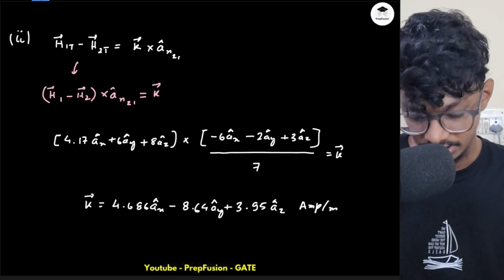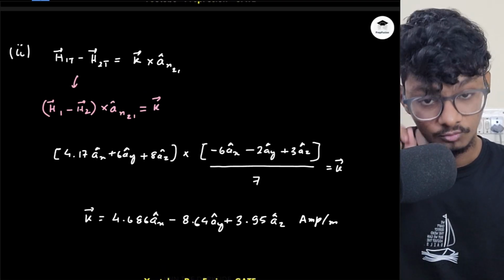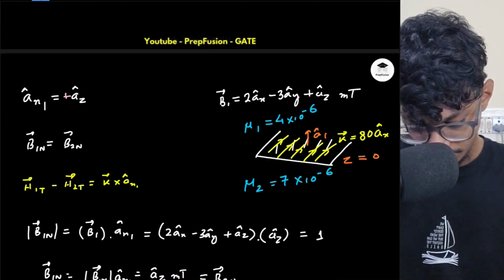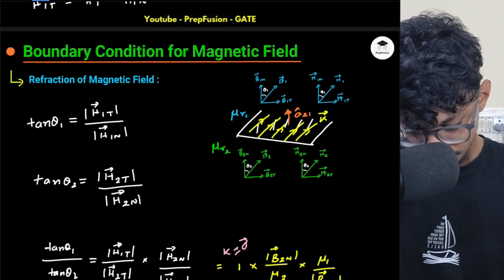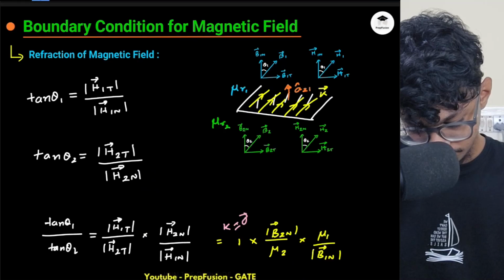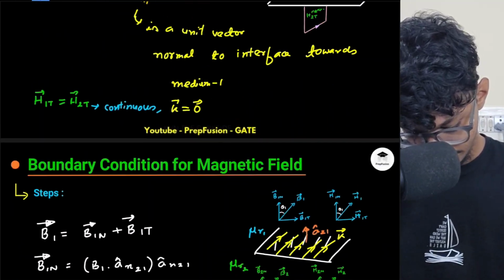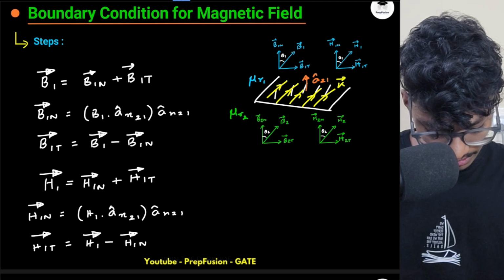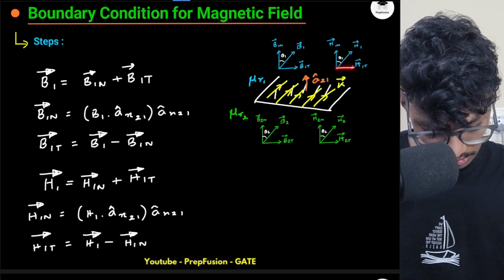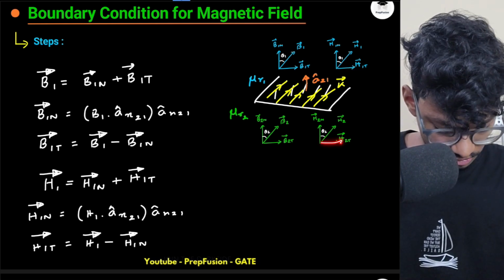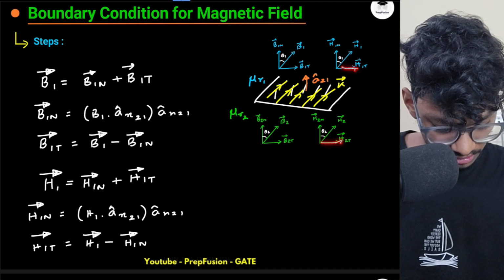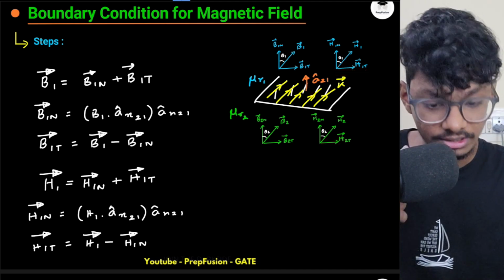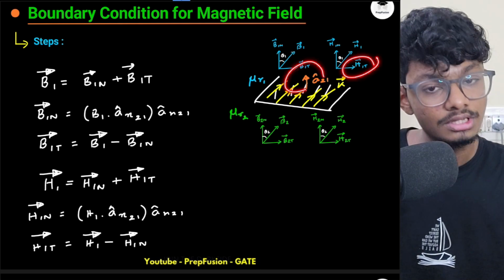So I have just solved the second question. In the second question, one small change I can do is, if you observe the tangential boundary condition, if I'm at this point here, what is my h1t and h2t? h1t and h2t are something in this direction. If I do h1t cross my a21 vector, I will get a vector that is parallel to both h1t and the normal vector.